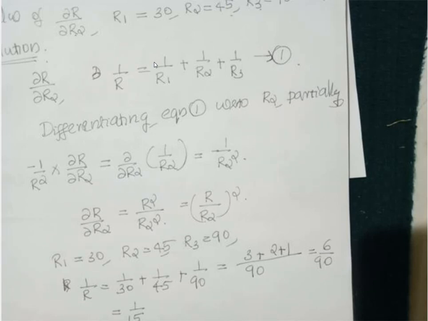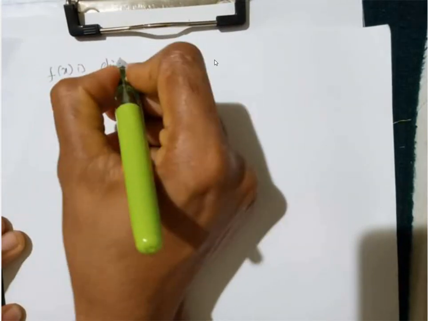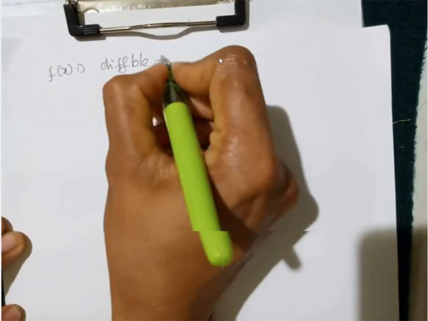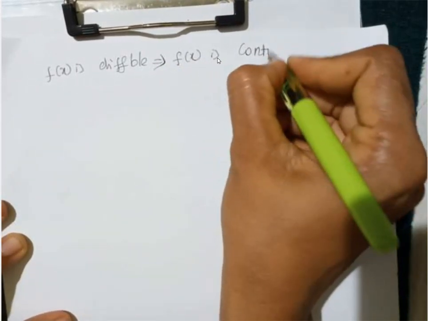Next is the relationship between continuity and the existence of partial derivatives. What is the relation between continuity and the partial derivative? Is there any relation between these two? We know that in the case of one variable, if a function f(x) is differentiable, it implies f(x) is continuous.